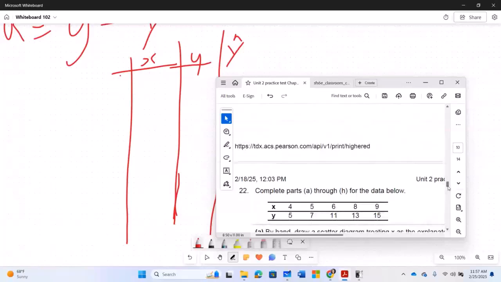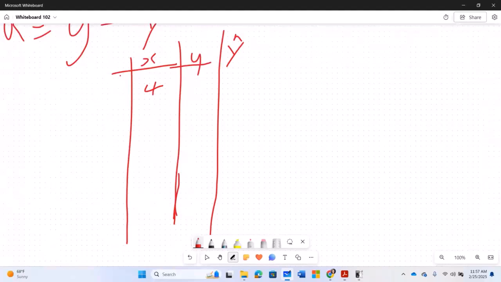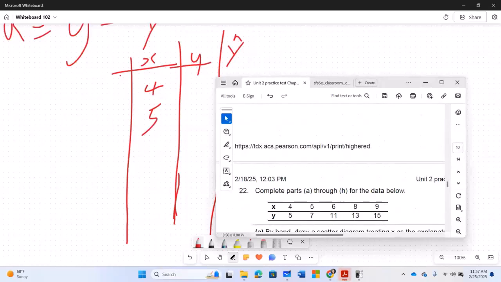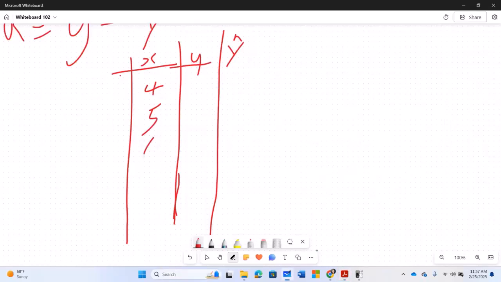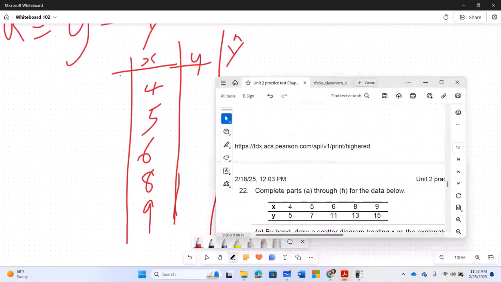So the values of x are 4, 5, 6, 8, 9. Let's get the values of y.